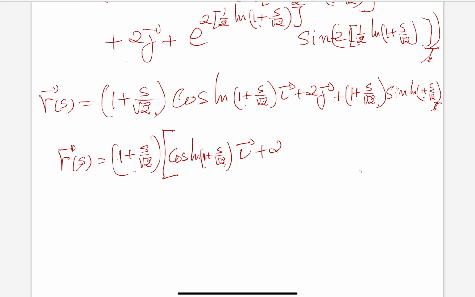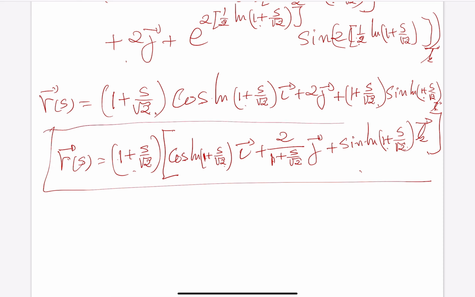Okay, we can divide it, that's fine. Plus 2 over 1 plus s over square root of 2. That's fine. And you have j here plus sine of ln of 1 plus s over square root of 2, and you have k. Close it. That's it. That's the meaning here.